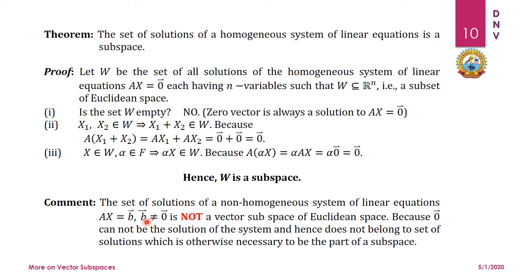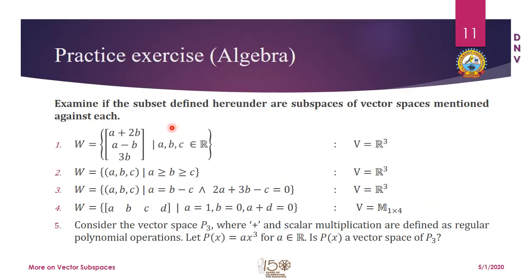So when 0 is not a solution of this, it will be absent in the set of solutions, so it cannot be called a subspace. So this is a very important theorem which is useful in matrix algebra also.